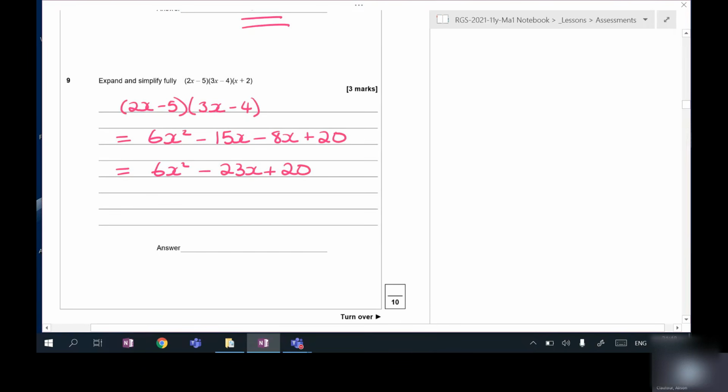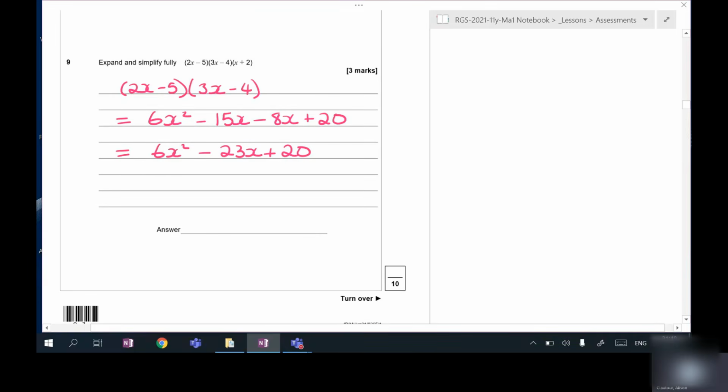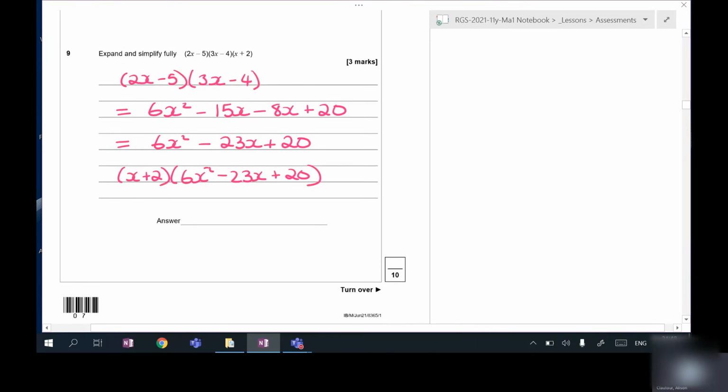Okay, and then when you've got that answer, I need to multiply by the third bracket, which is x plus 2. So we're going to multiply all of them by x to start with.